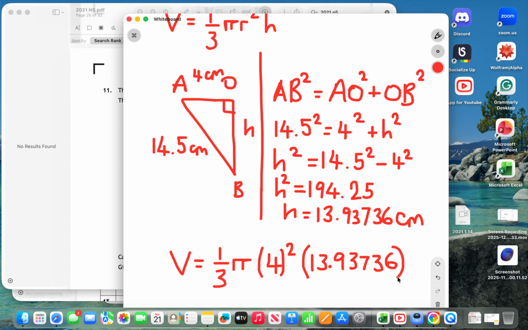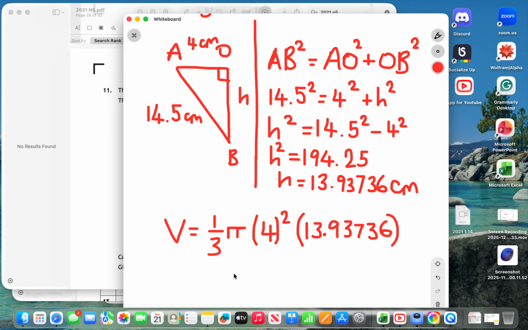So let's plug all of that into the calculator, being really careful of BODMAS. It might seem simple, but many pupils make mistakes regarding BODMAS. So we get the final value of 233.52271, and the units would be centimeters cubed because we're dealing with a volume.